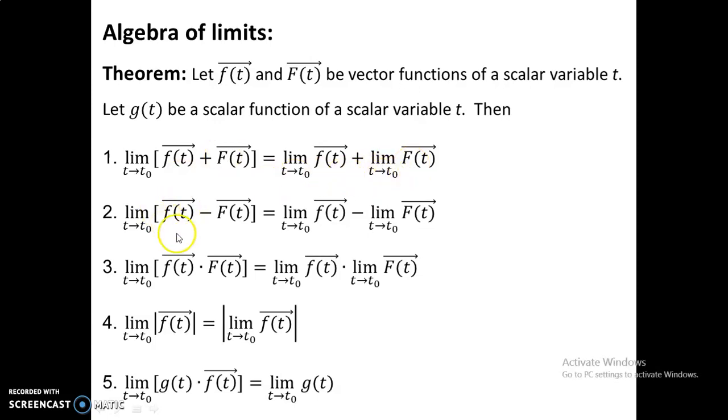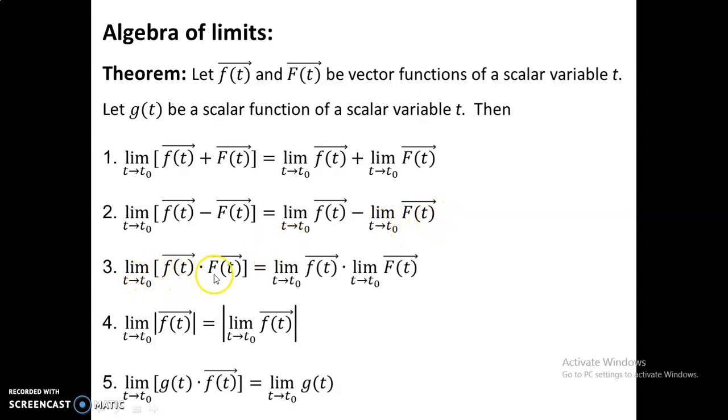In the same way, for subtraction, the limit of the difference of two functions is equal to the limit of the first function minus the limit of the second function. Similarly, the limit of the product of two vector functions as t tends to t naught is the limit of the first function times the limit of the second function.